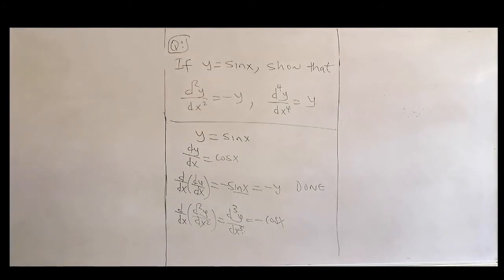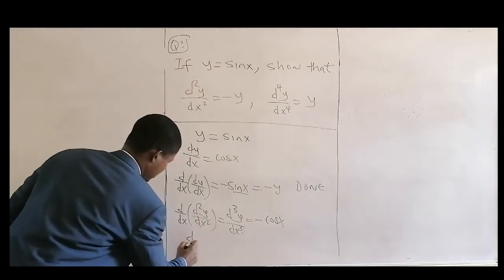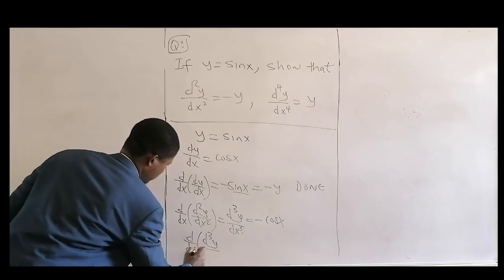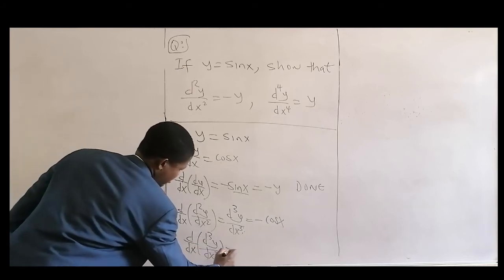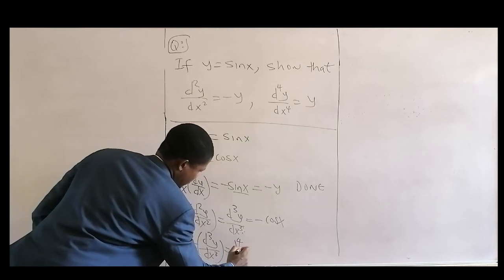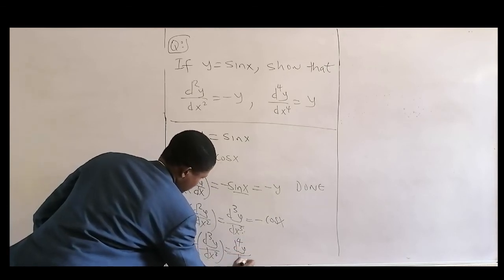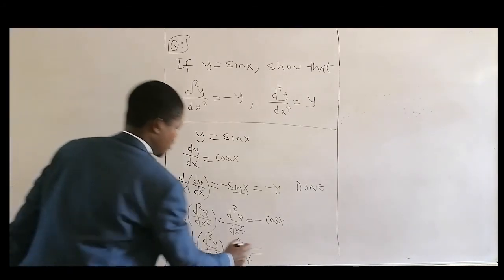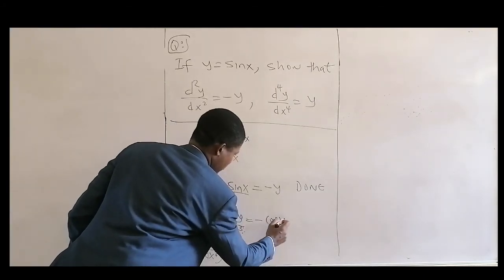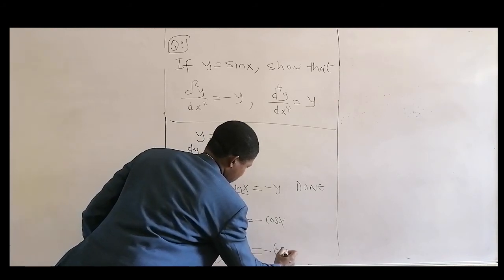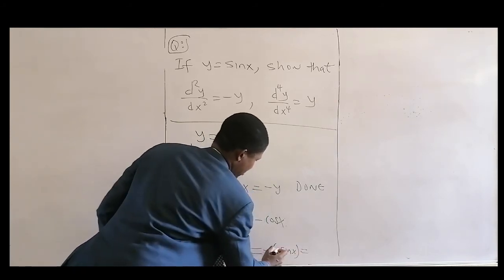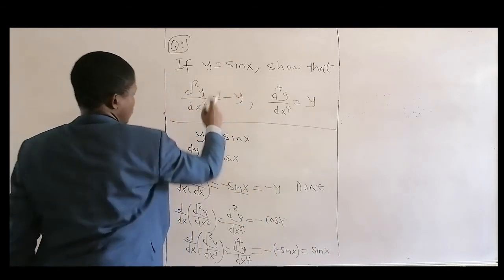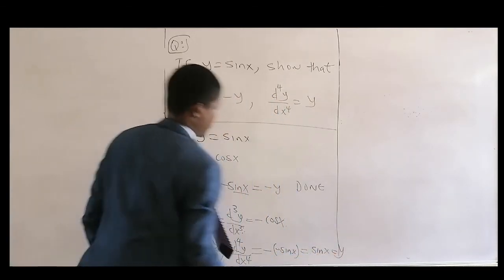Do it again: d/dx of the third differential, which is the fourth differential we are looking for. Differentiate minus cos x, and the derivative of cosine is minus sine x, so minus times minus is plus sine x. And sine x is equal to y.